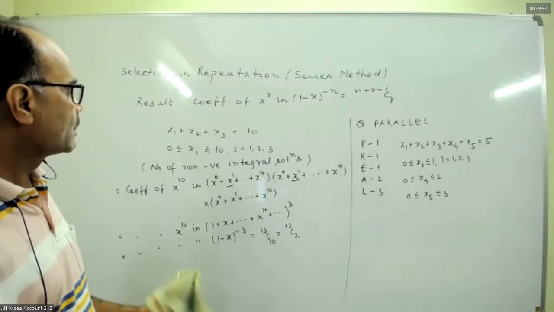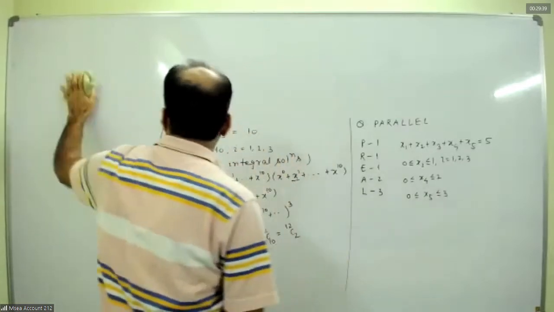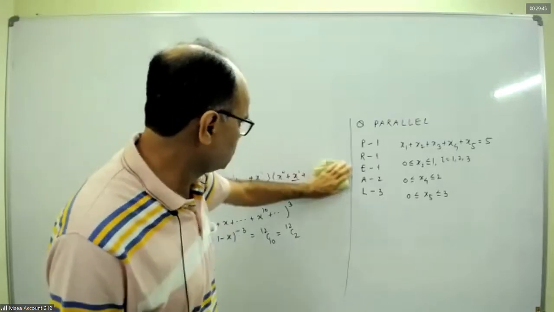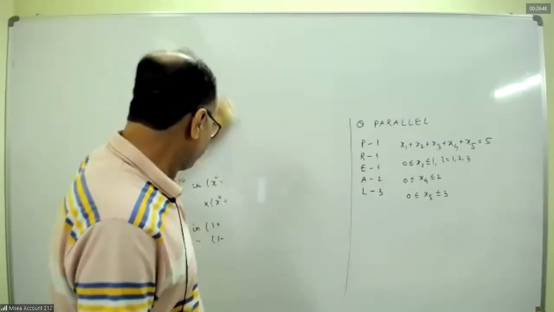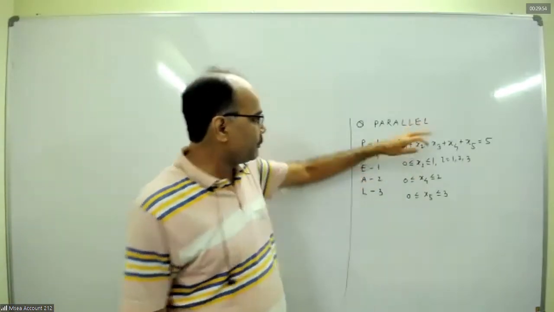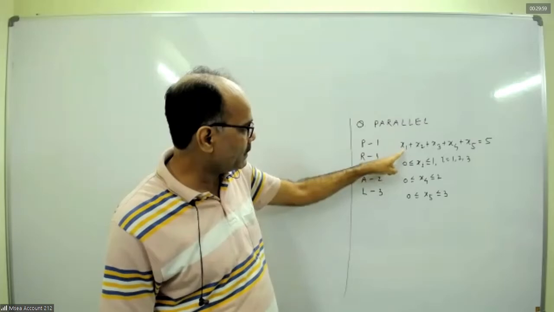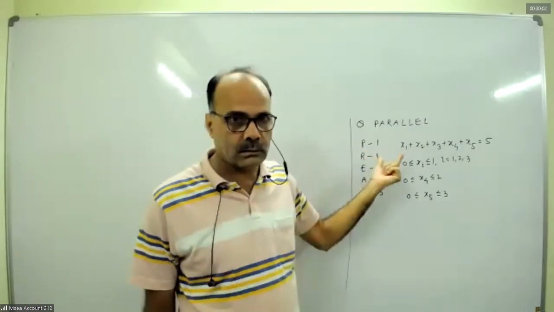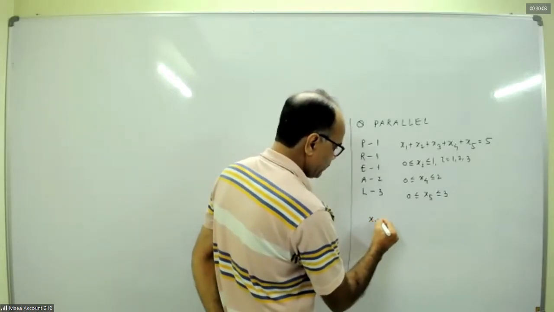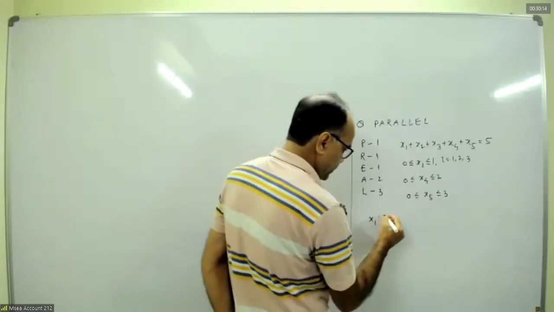So, the number of ways we can select alphabets from the word parallel. Here x1 is the number of P's selected. We are selecting 5 at a time. In that selection, x1 is the number of P's selected.